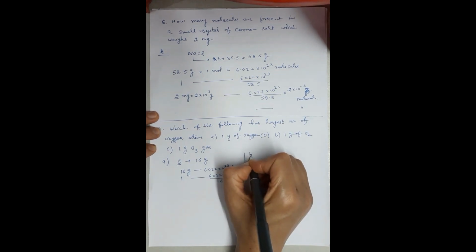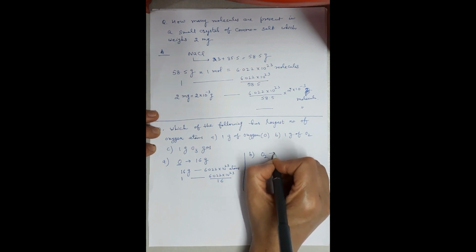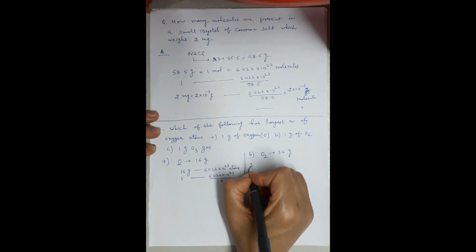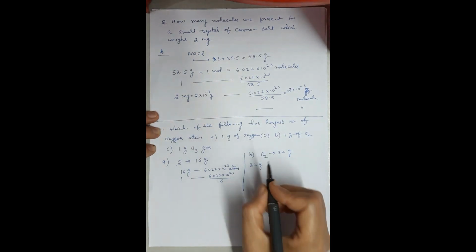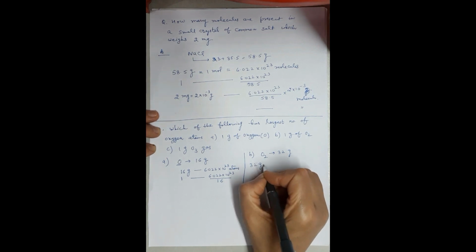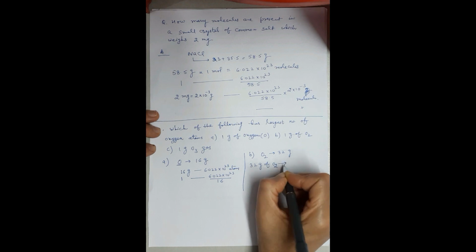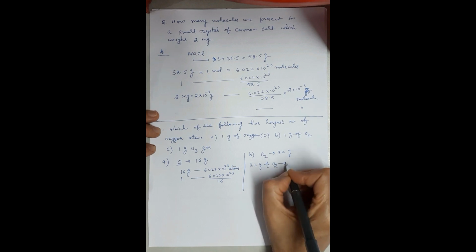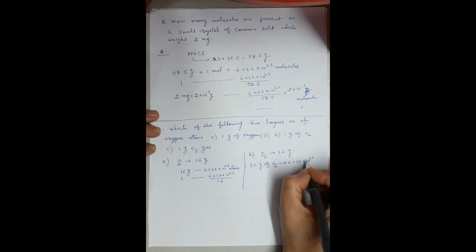Calculate in B case. B is O2. What is the mass of O2? It is 32 grams, 2 into 16. So 32 grams of O2 contains 6.022 × 10^23 molecules.